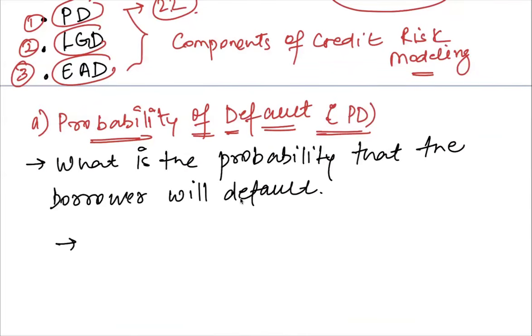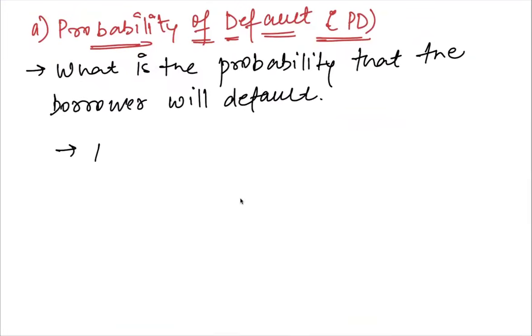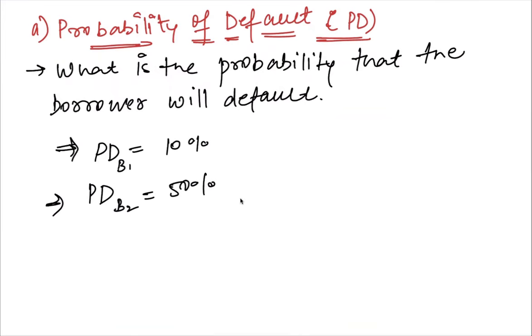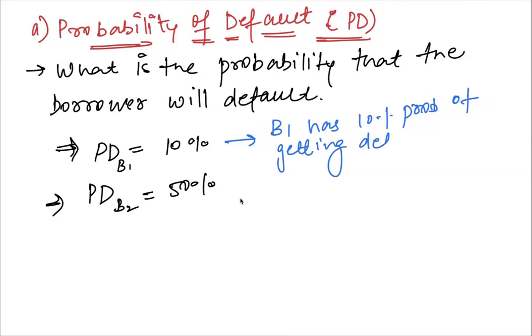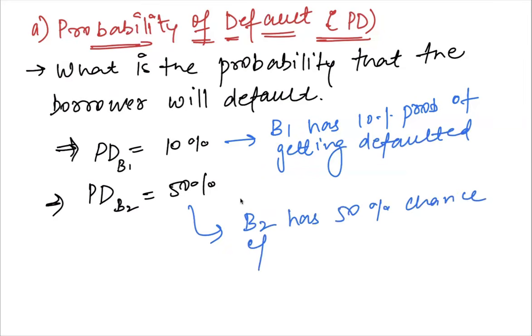What it means is, let's say PD of borrower 1 is 10% and PD of borrower 2 is 50%. Borrower 1 has a 10% probability of getting defaulted, whereas a PD of 50% means that borrower 2 has a 50% chance of getting defaulted.